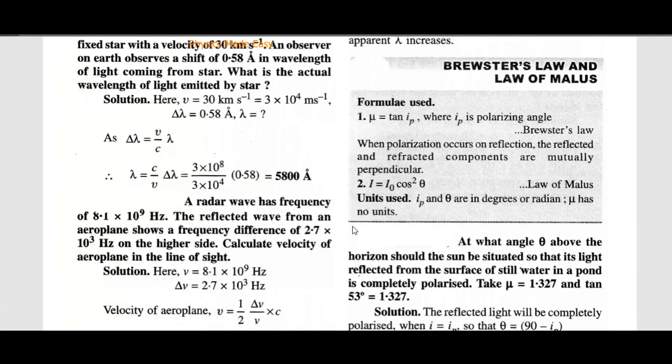V is equal to delta lambda by lambda multiplied by C. No issue at all. A radar wave has a frequency of this. The reflected wave from an aeroplane shows a frequency difference of this. Delta nu is given and nu is given. Again, a very easy question. Now, only one thing is to be noticed.